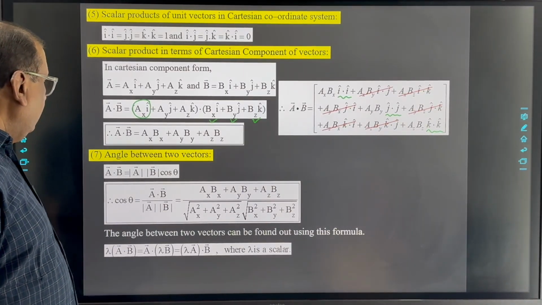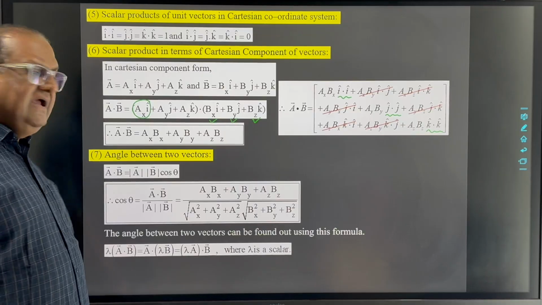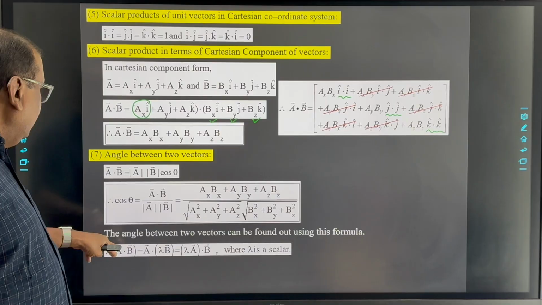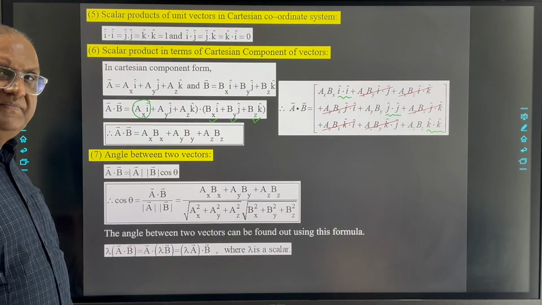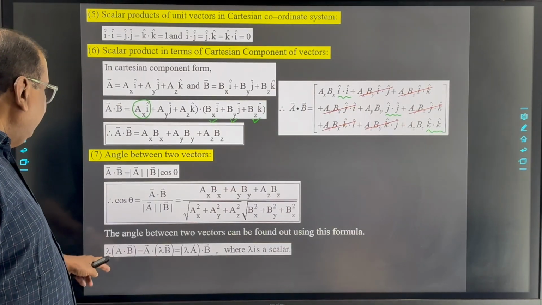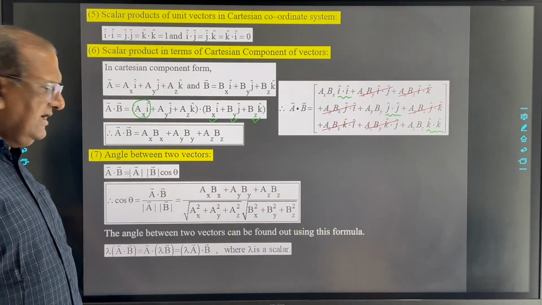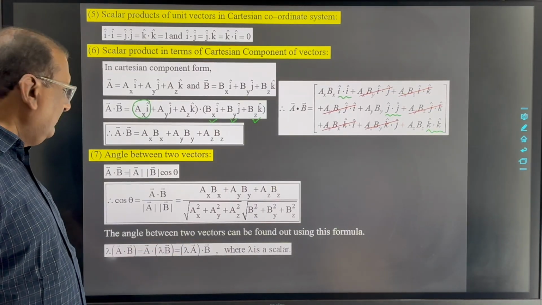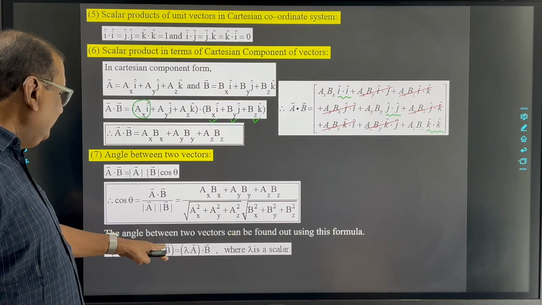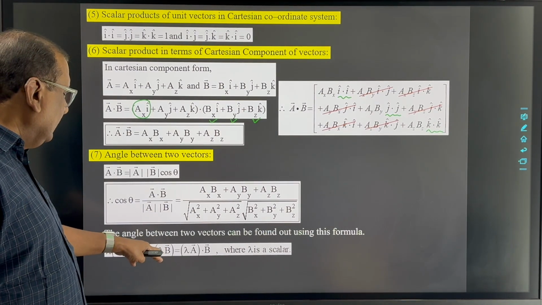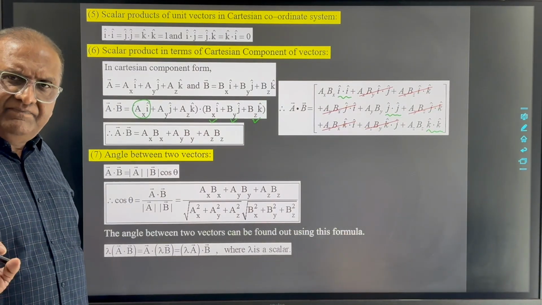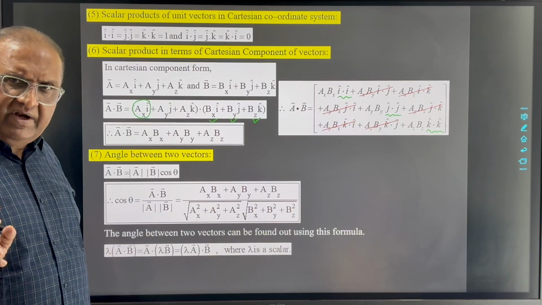Clear? Now, suppose we have any scalar quantity, lambda, and we multiply it with A dot B. When lambda is a scalar quantity, you can simplify this type of problem like this. Suppose first you take the product of lambda with B, and since a scalar and a vector are multiplied, it is a simple product and the resultant will be a vector quantity.